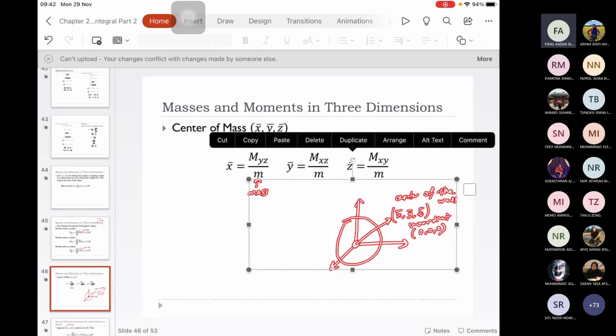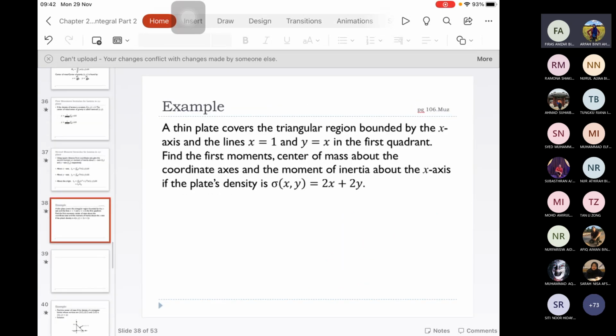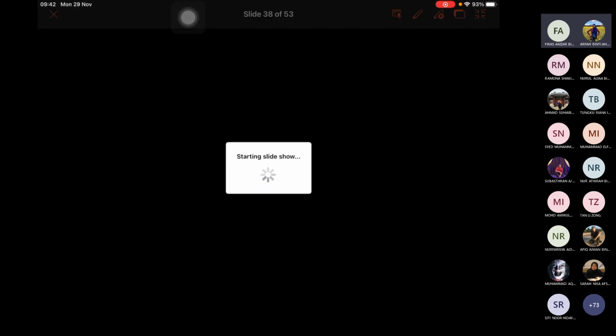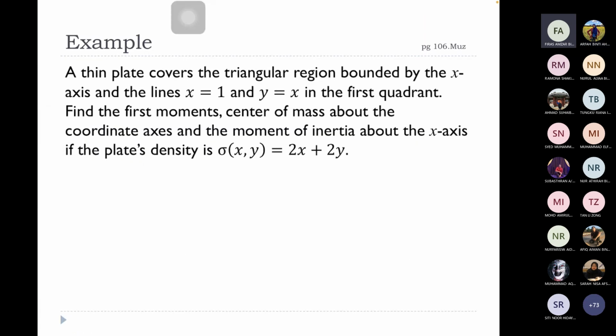So tengok soalan ni, example. Tak ada jawapan kan dalam slide tu? Tak ada, Doktor. Okey, jom kita buat sama-sama.